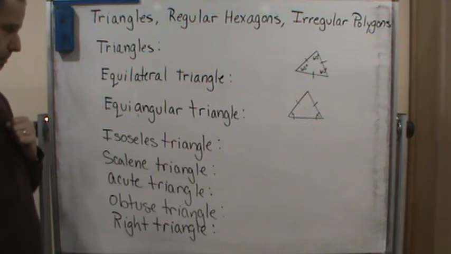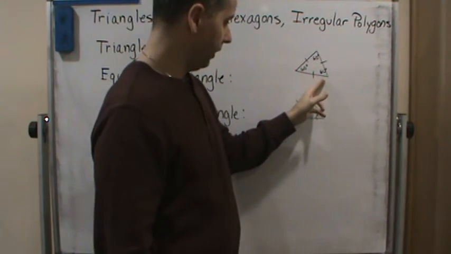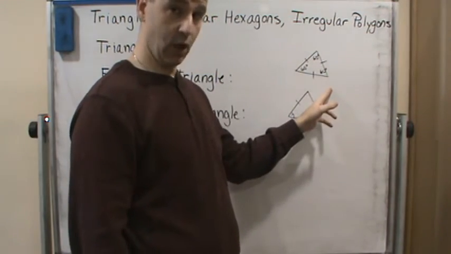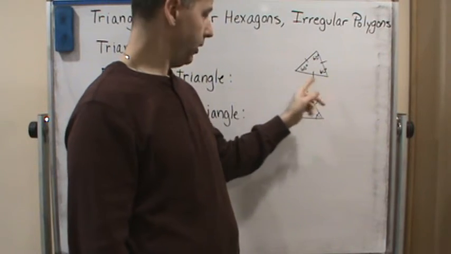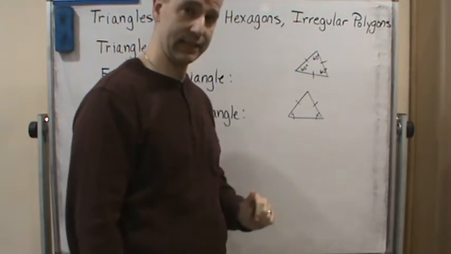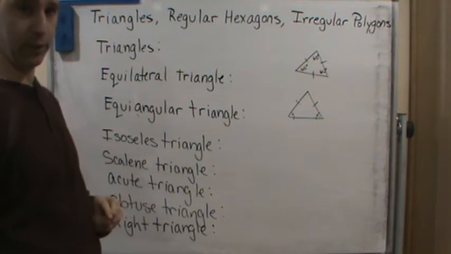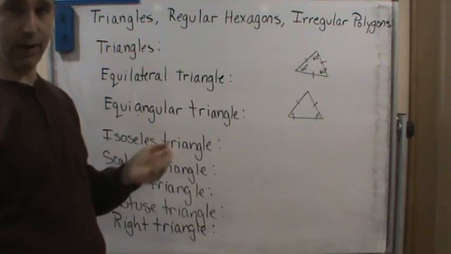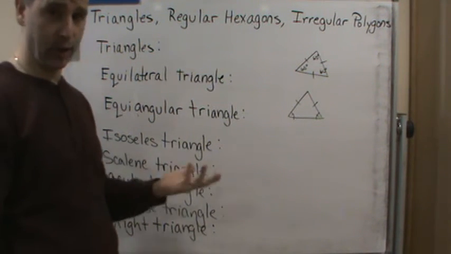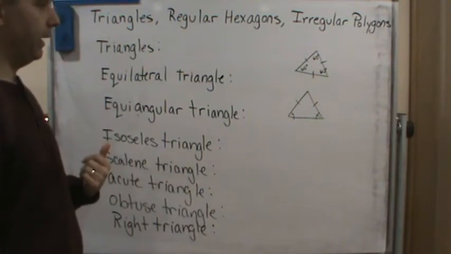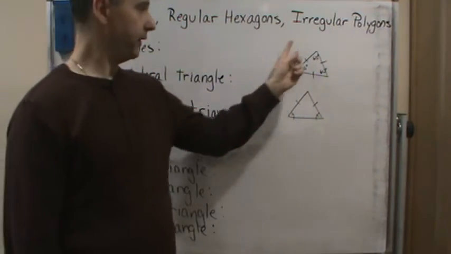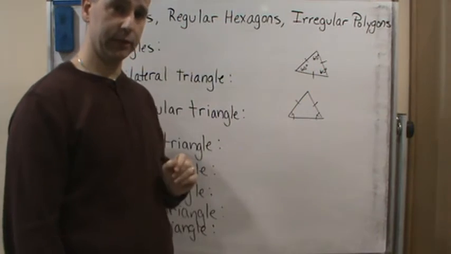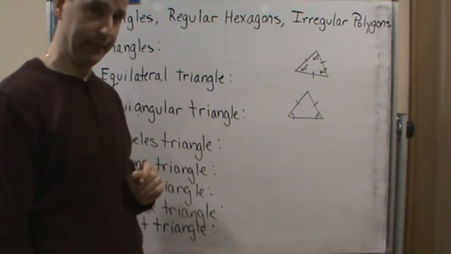For example, this equilateral triangle is also an acute triangle because all of the angles are less than 90 degrees and greater than 0. Obviously, if you have an angle that is 0, you don't have a triangle. But less than 90.